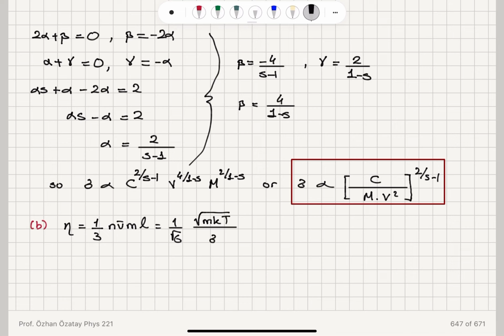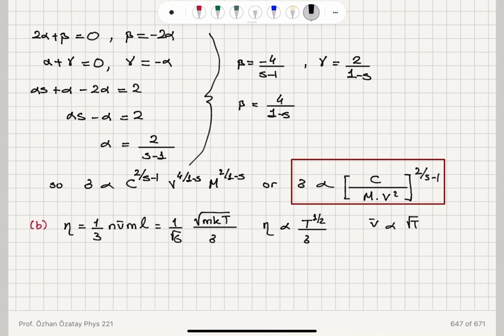And as you can see now, the coefficient of viscosity varies as T to the 1/2 divided by sigma, and that's because v bar is proportional to the square root of temperature.